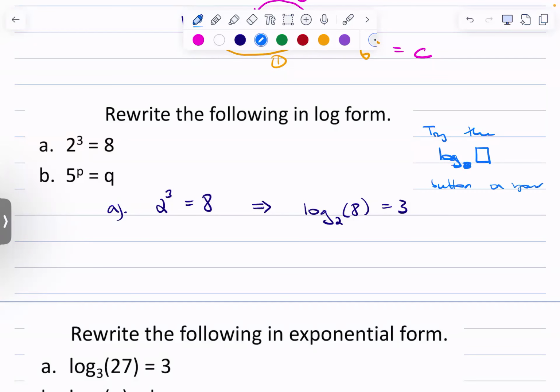Try that on your calculator. Log base 2 of 8 should equal 3. So our calculators do it now, but we need to know the relationship so that we can move back and forth.